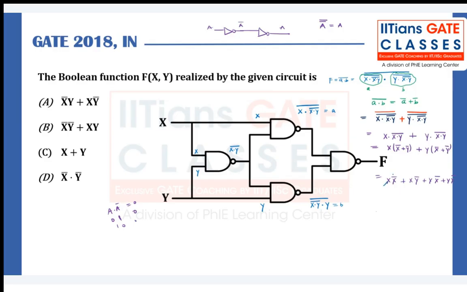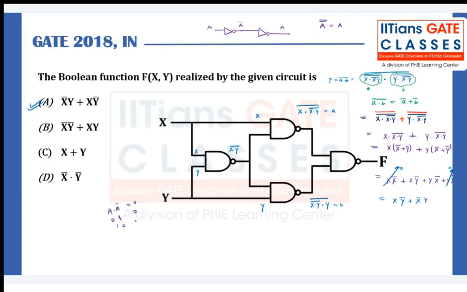So first and last terms are going to be 0. 0 means logic 0. So this will be X Y bar plus X bar Y. Everyone got the answer?